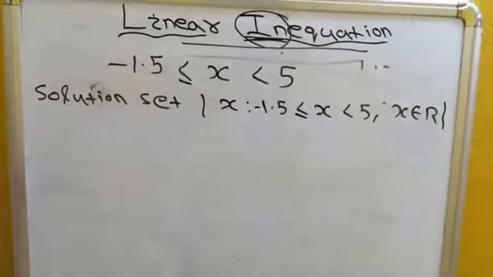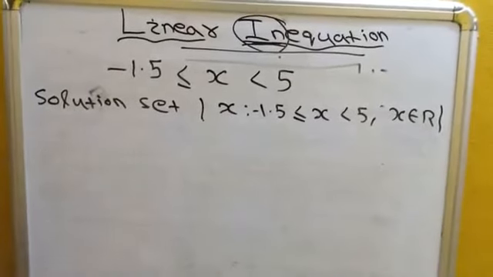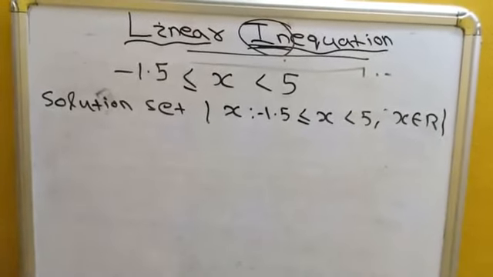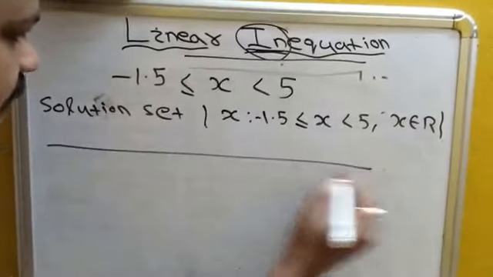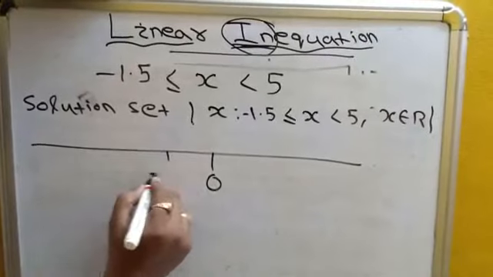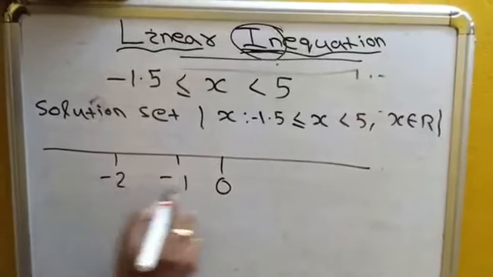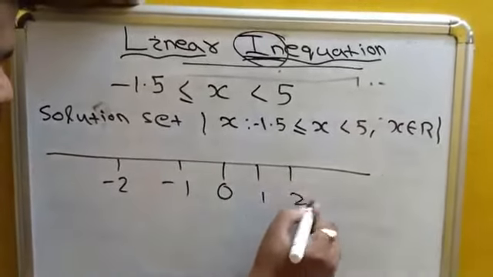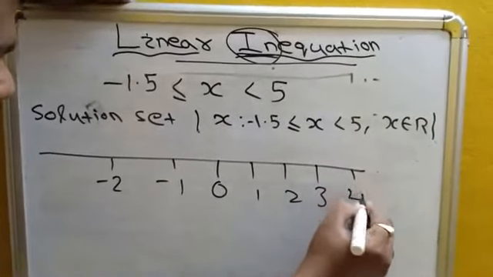So how can you represent this on a number line? For the number line, you draw a line and write 0, minus 1, minus 2, 1, 2, 3, 4, 5.